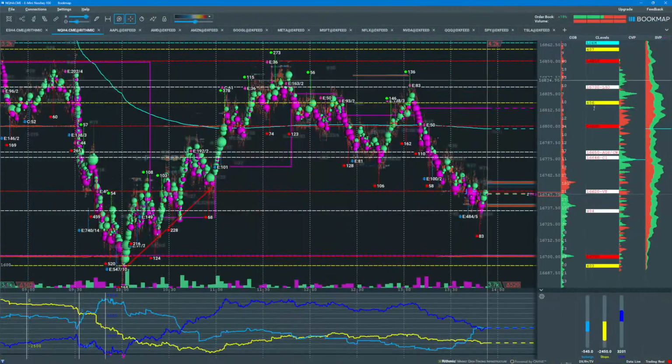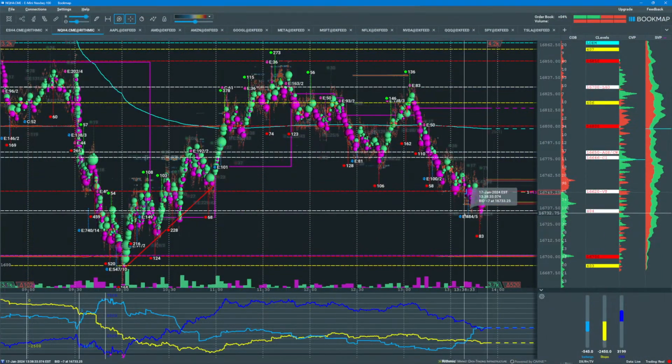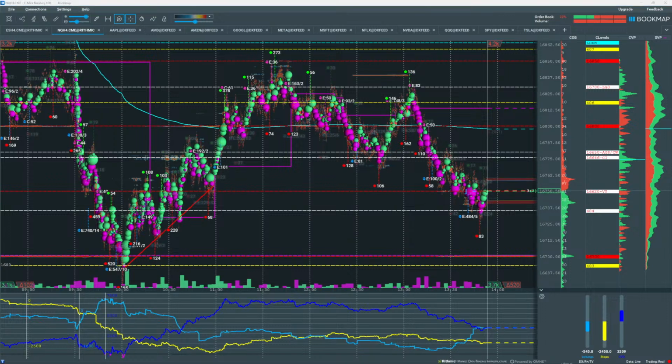Let's go back to Bookmap. So in Bookmap, I have my own cloud notes as well, so I can show key levels all in one column here. There's that 16,700 level, large gamma 3 level, acting as resistance.